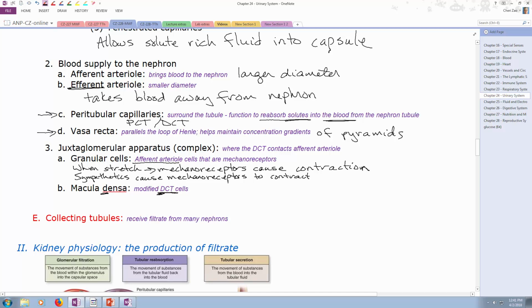Increased sympathetic stimulation will actually cause vasoconstriction. But when the sympathetics stimulate, they will also cause the granular cells to release granules of renin.